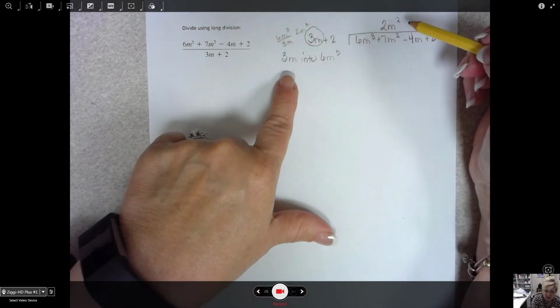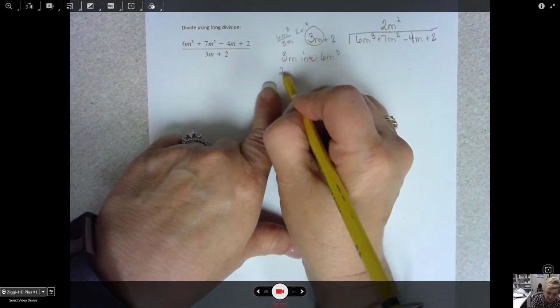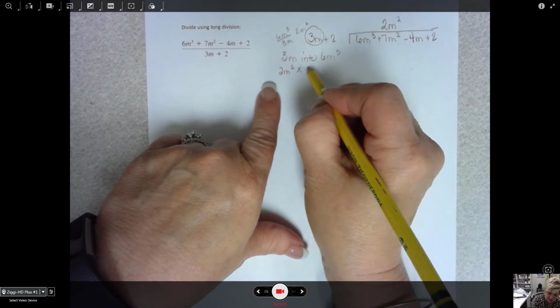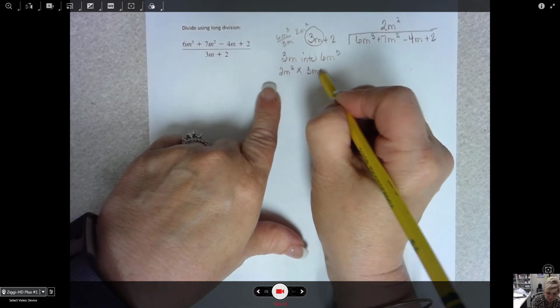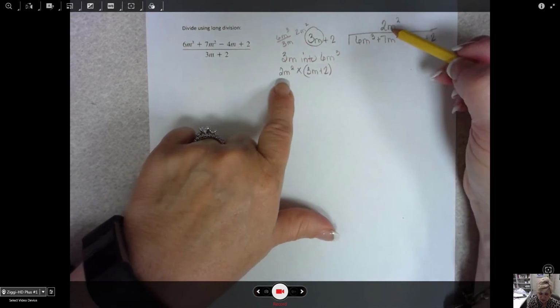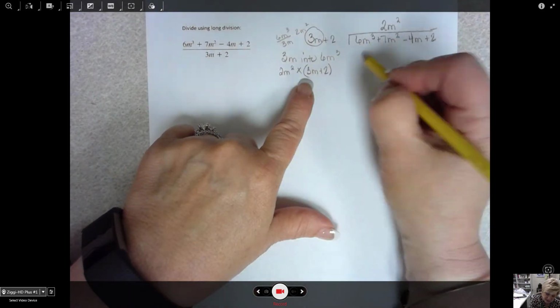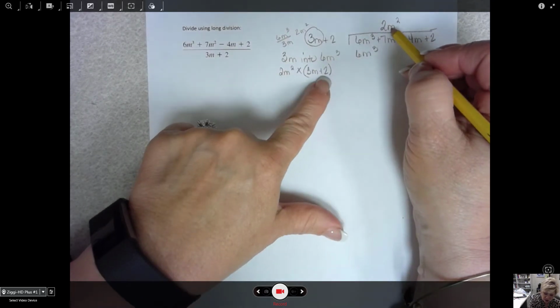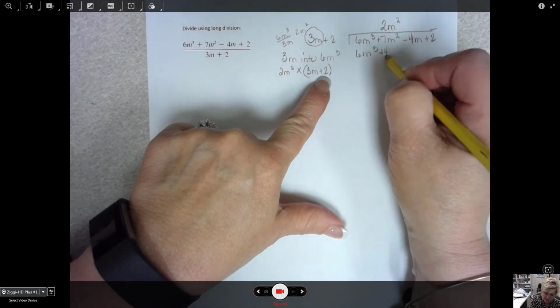Then we multiply, just like in standard division. So 2m squared times my whole divisor, and I'll just distribute. 2m squared times 3m is 6m cubed. And 2m squared times 2 is 4m squared.